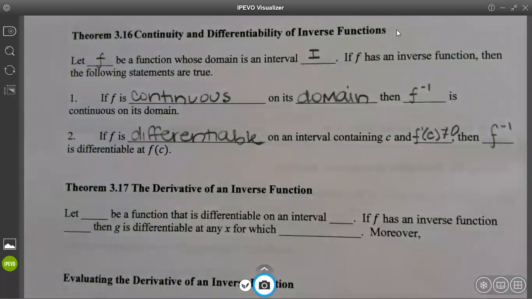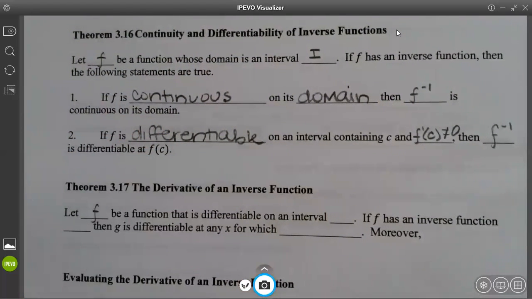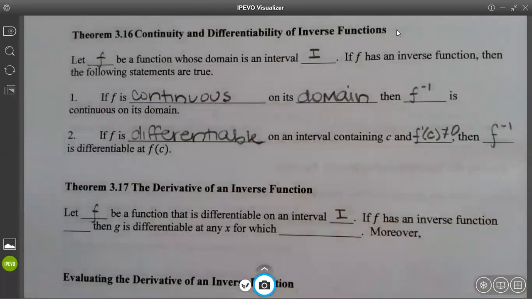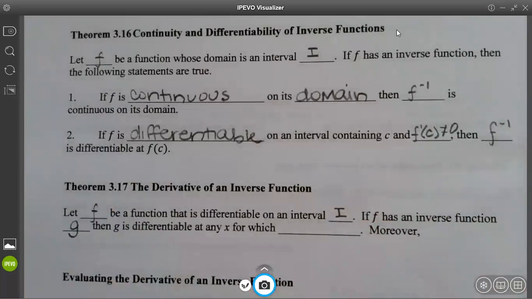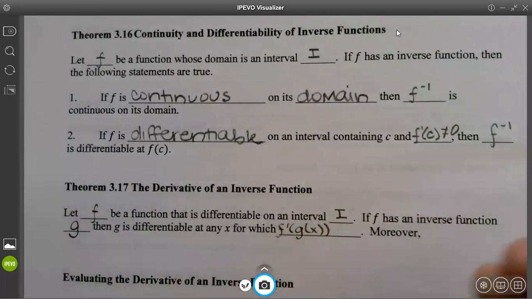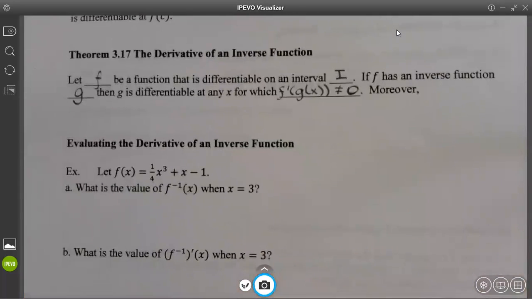Theorem 3.17 says the derivative of an inverse function, let f be a function that is differentiable on interval I. If f has an inverse function g, then g is differentiable at any x for which f prime of g of x does not equal 0.